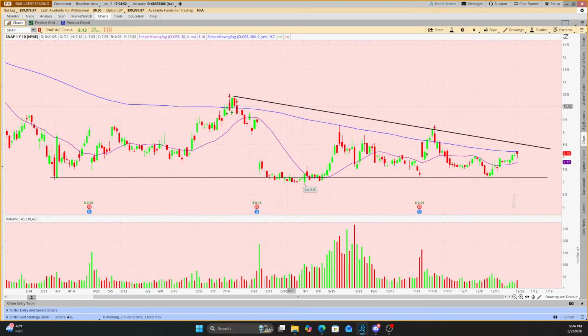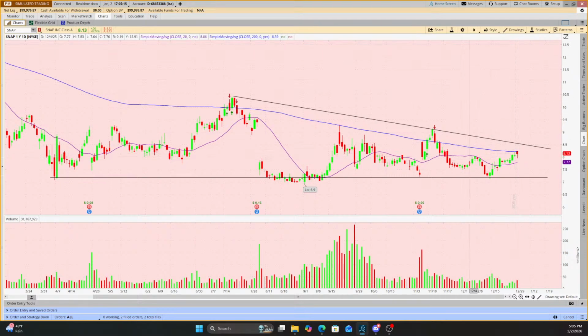Okay, let's look at this. Boom. So as of now, it's going under the 200. So I would look for a bullish buy, bulls take over. That's what I'm looking at.